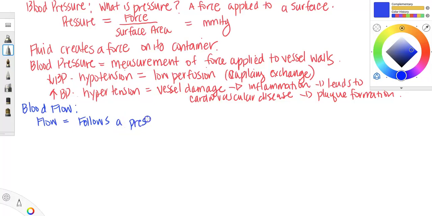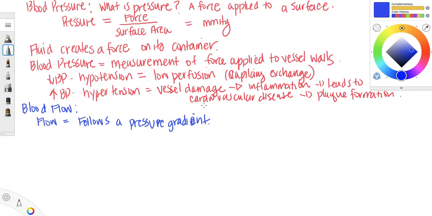So what does that mean? Pressure gradient. If you remember when we looked at diffusion, it is the movement of a solute from an area of high concentration to an area of low concentration.